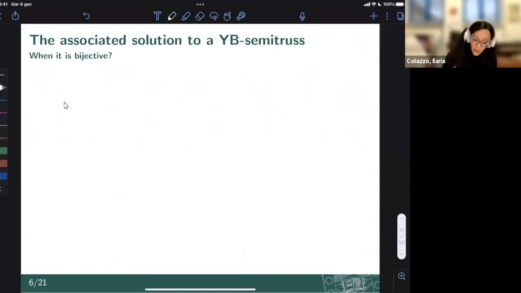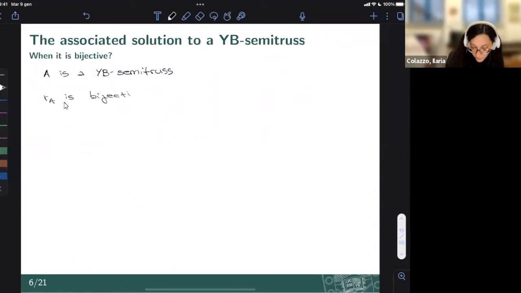In particular, if A is a YB-semitruss (clearly, if I write A, I just mean A, plus, circle, lambda and sigma), and R_A is the associated solution, then R_A is bijective if and only if S_A is bijective.